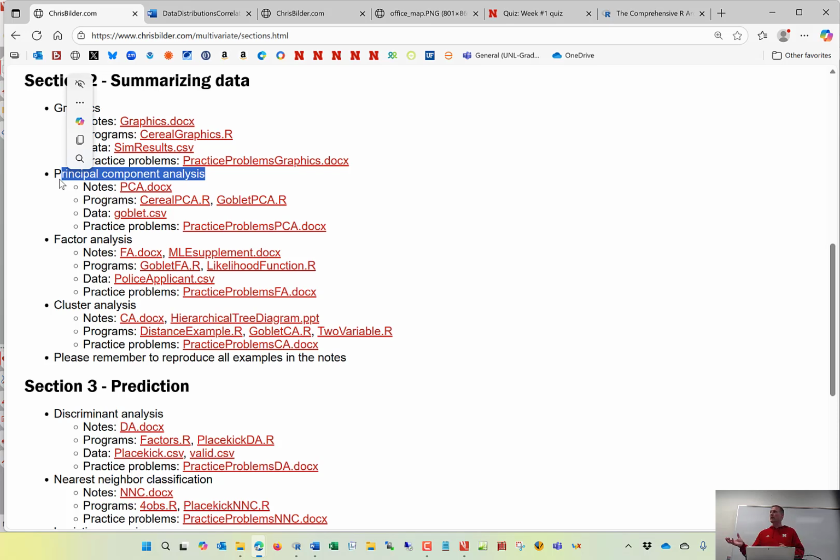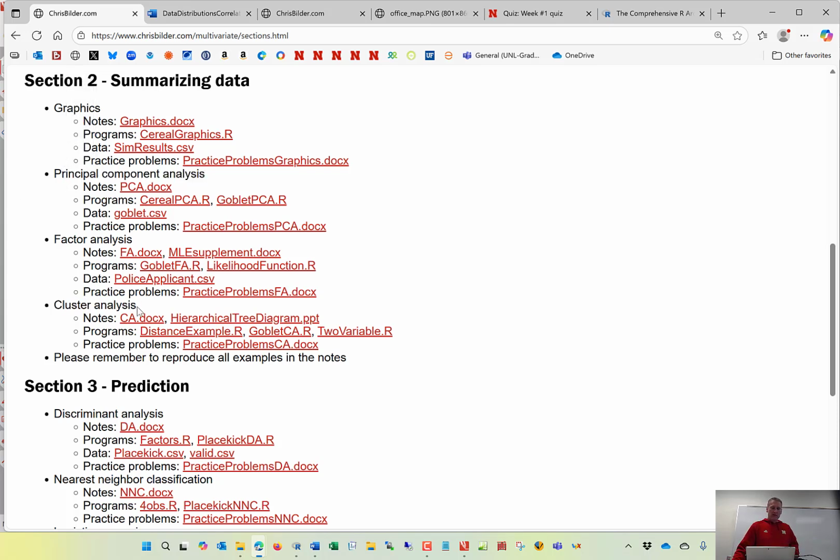So instead of 10 variables, maybe we could just work with 2 variables that are transformations of these 10. And if we only have 2 variables, well, we could use a simple scatter plot, for example, of just those 2 variables. And so it makes it easier to make sense of the multivariate data.